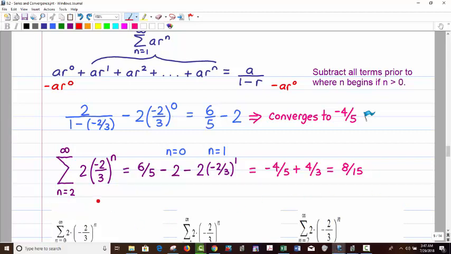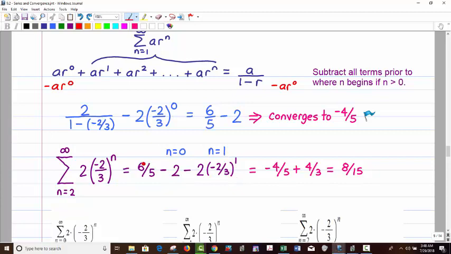So from 2 to infinity of this same formula, we would take the 6 over 5, which is starting at 0, subtract off the n equals 0 term, now subtract off the n equals 1 term. So you're just subtracting off all terms prior to where the number starts right here. So there's the same 2 from right here. And now we need to get this new number.